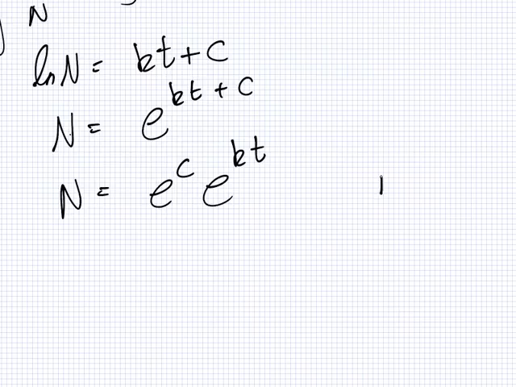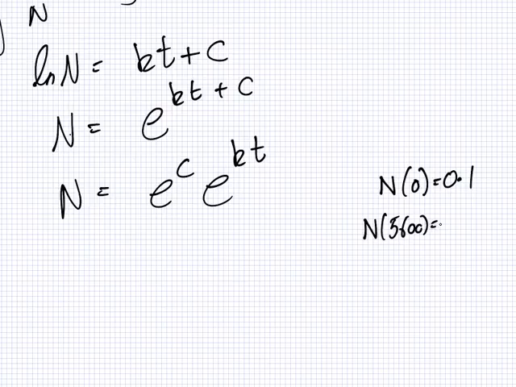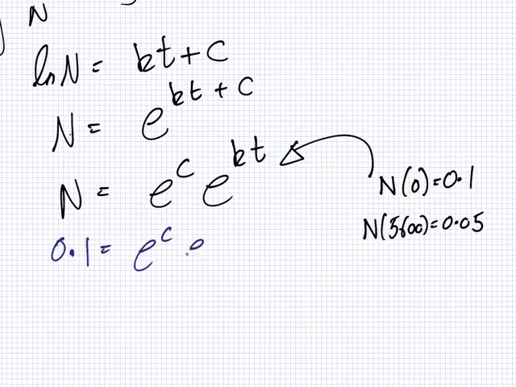Right, finally part C. I tell you N0 equals 0.1 and N at 5600 equals 0.05. So if I put that in here, I get 0.1 equals e to the 0.